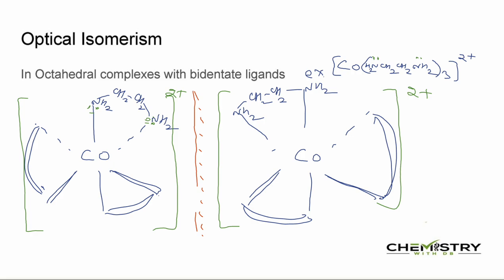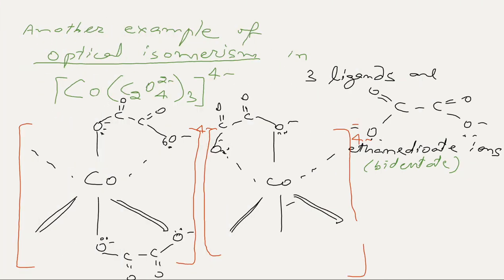So that is one example. The next example I'm taking is of optical isomerism happening in a cobalt complex with ethanedioate, which are also bidentate ligands. You can see that in this one, oxygen has got the negative charge and lone pair. So these oxygens can be used to donate lone pairs to the cobalt.